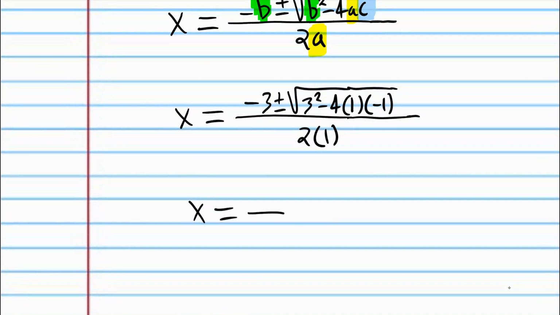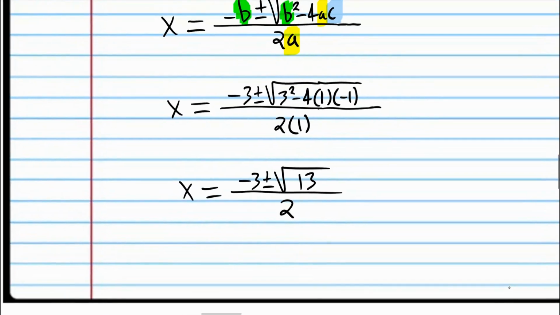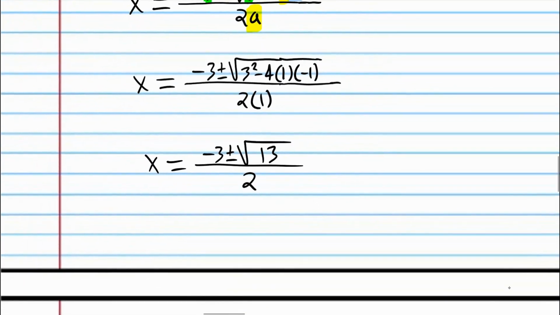So x is equal to negative 3 plus or minus, and you can do all that. Negative 4 times 1 is negative 4, negative 4 times negative 1 is positive 4, and 3 squared is 9, 9 plus 4 is 13. 2 times 1 is 2. I know I did that very quickly, but we don't really have a lot of room to show every single step. Okay, so we found x.